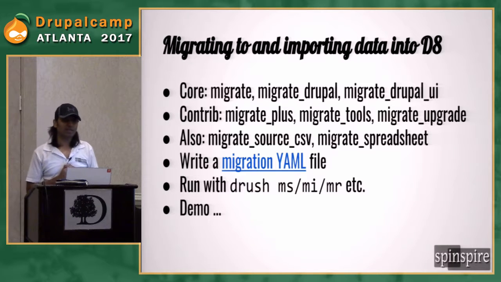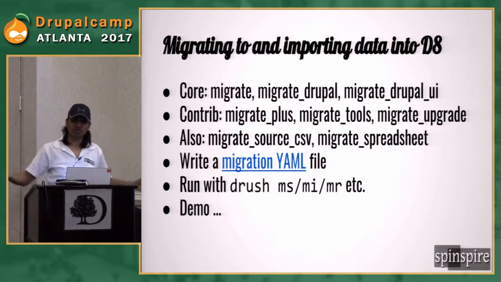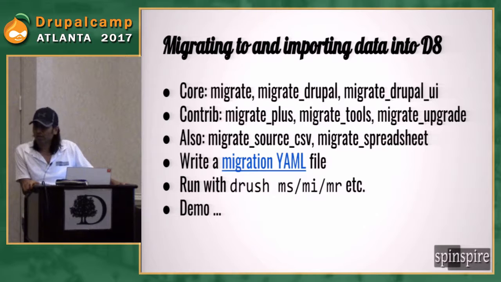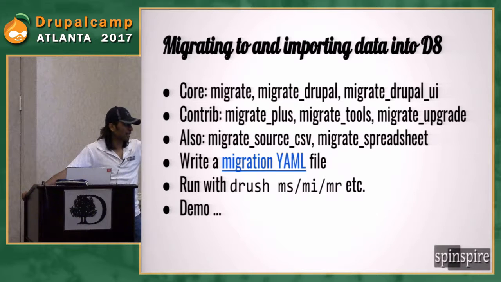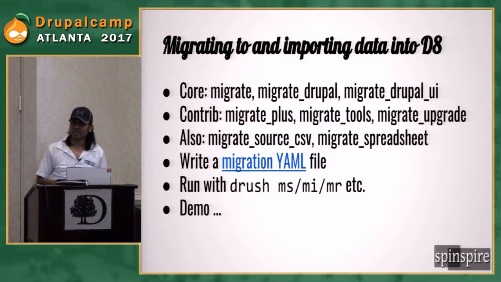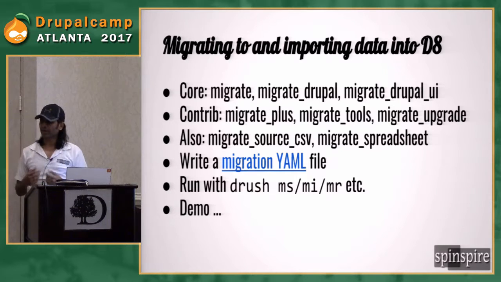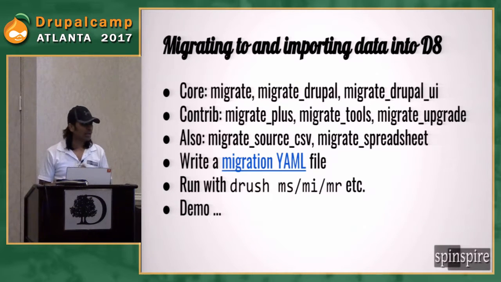And then Migrate Plus is a toolbox of various migration plugins and a lot of excellent functionality. And then finally, there are other contrib modules like Migrate Source CSV and Migrate Spreadsheets, which, as the name suggests, let you import data from CSV files and spreadsheets.